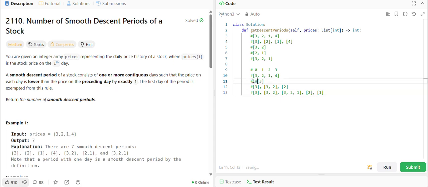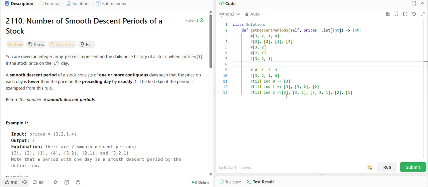So for better understanding I am writing here till index 0, here is till index 1, and here is till index 2. But till index 3 we have the same components because 4 will not work, because 4 is greater than all the previous elements.